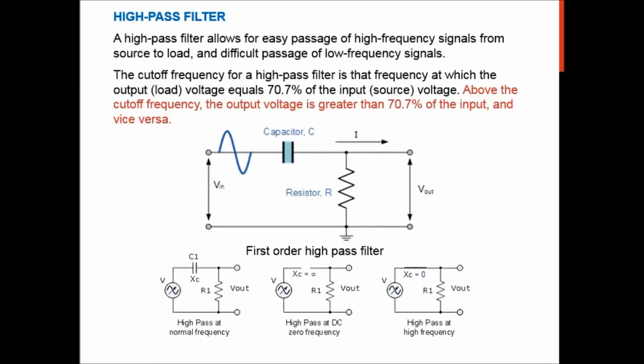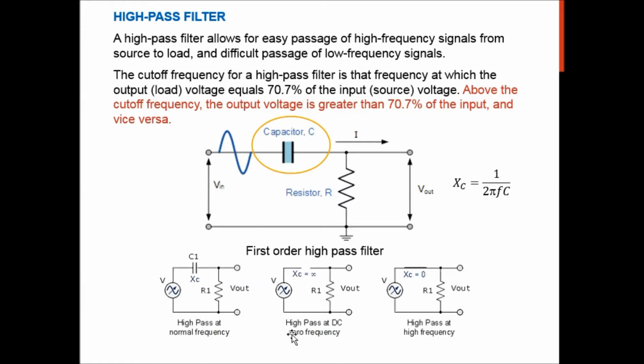Next is the high pass. So this time your capacitor is here instead of your resistor, and your resistor is now measured at the output. If you look at the formula for XC, for high pass, it will allow high frequency signals to pass while blocking the low ones. If it is high frequency, you will have a small value of XC, a low value of reactance, so it will be similar to a short circuit, and you will get an output voltage.